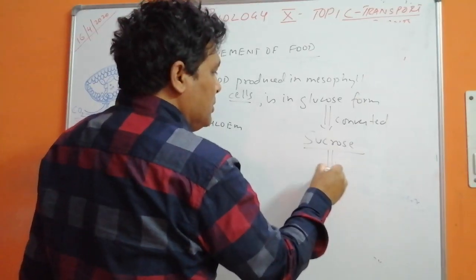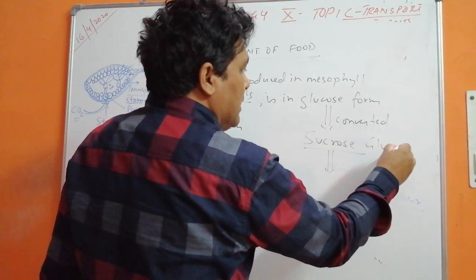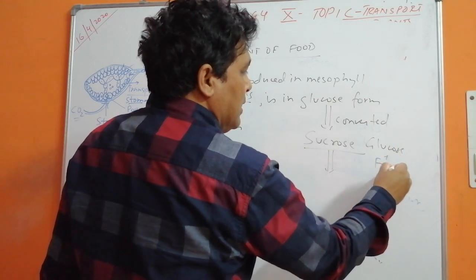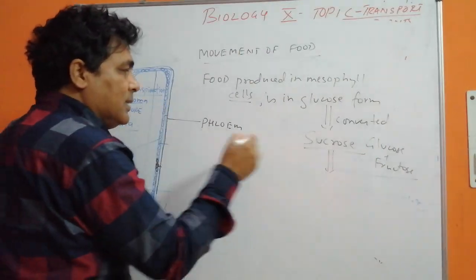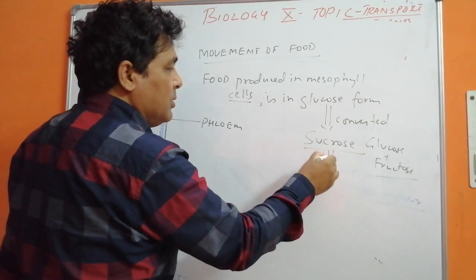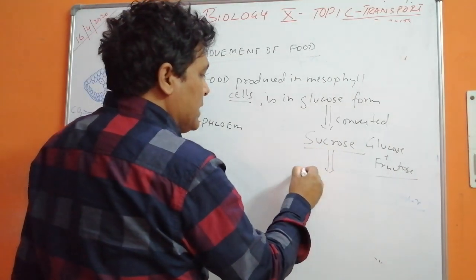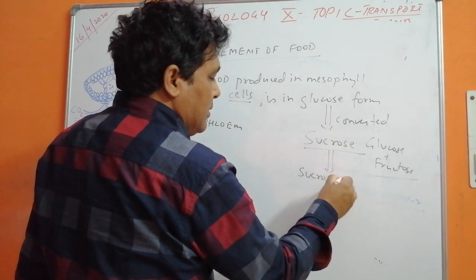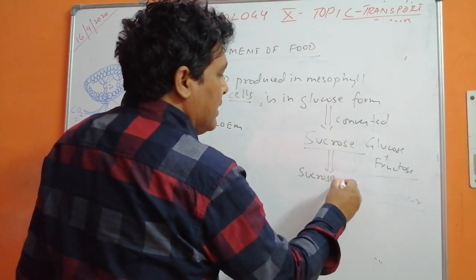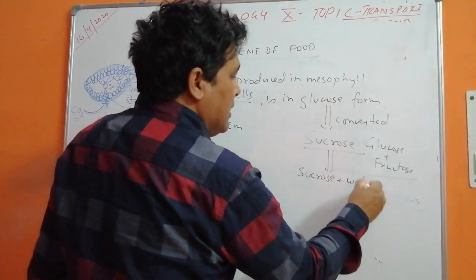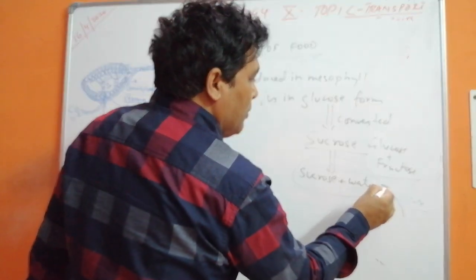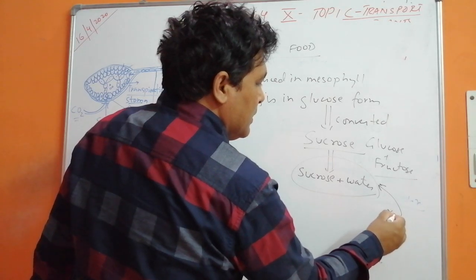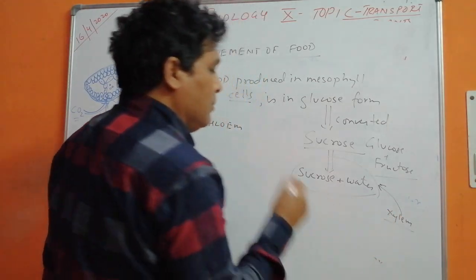Now this sucrose contains glucose plus fructose. Now what happens is, this sucrose is made into a solution with water. Water comes from the xylem.